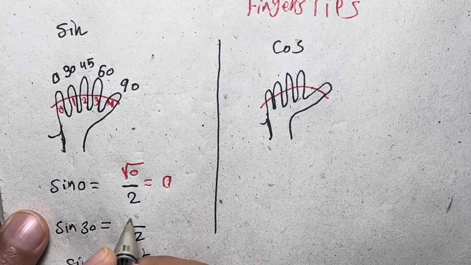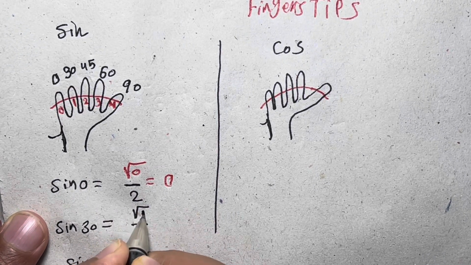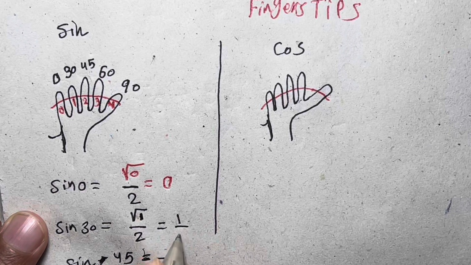For 30, put the square root of 1, so it will be 1 over 2.